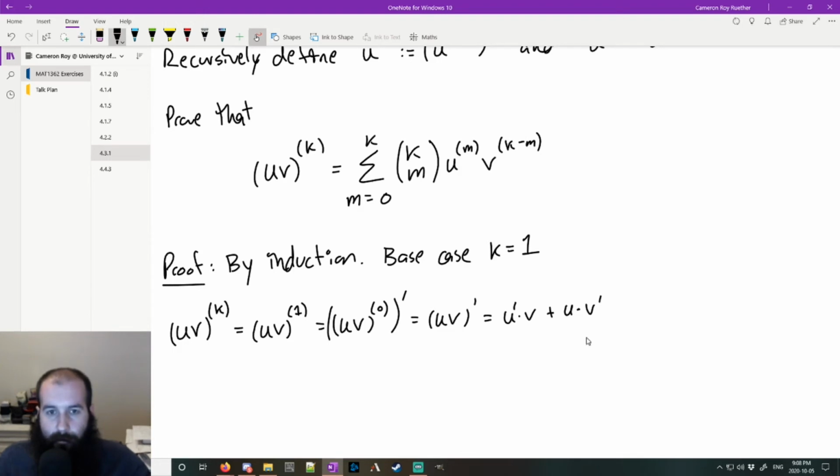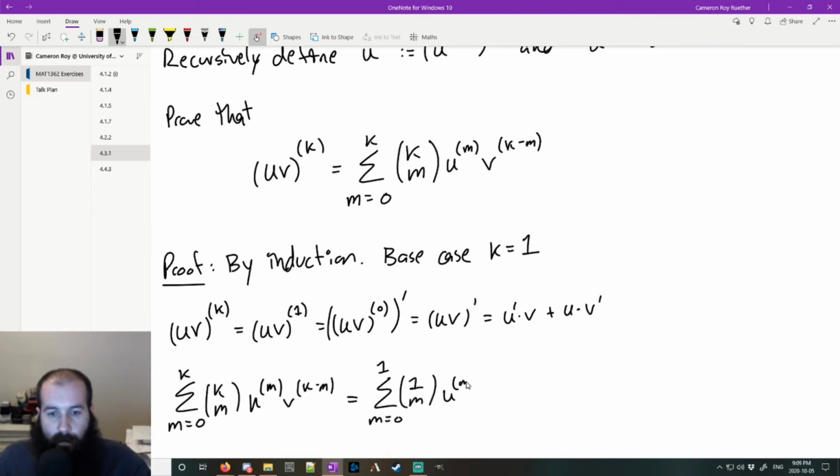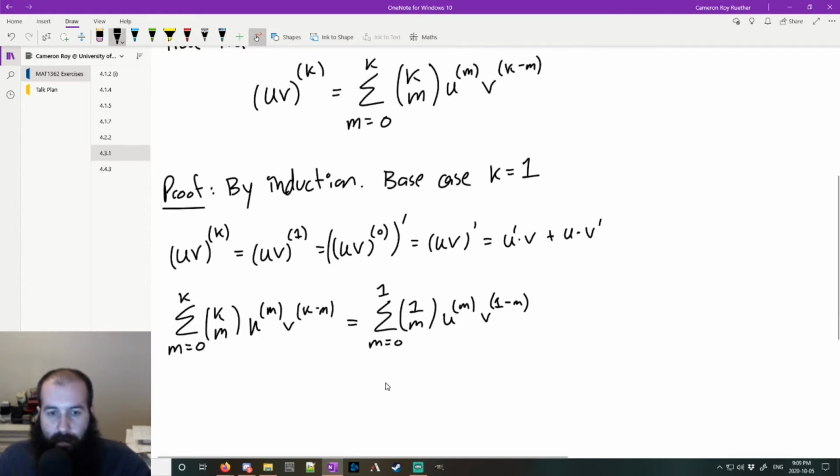Okay. Now we can look at the right-hand side, and the sum from m equals 0 to k of all this. Well, we're at k equals 1. This is a sum from m equals 0 to 1 of 1 choose m, u to the m, v to the 1 minus m. And now this only has two terms, the m equals 0 and the m equals 1 term, so we can expand those out.